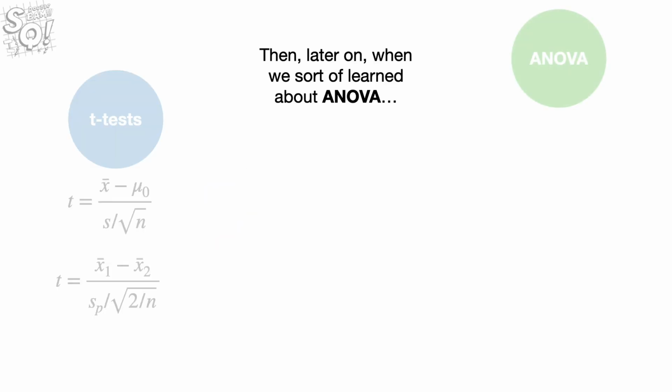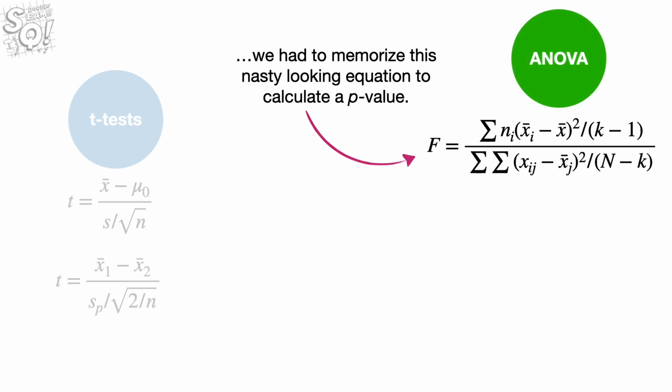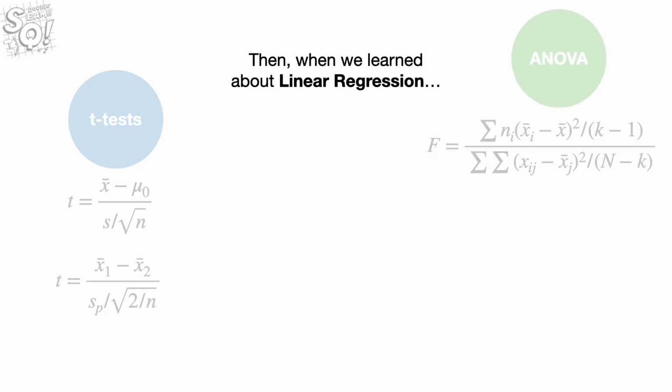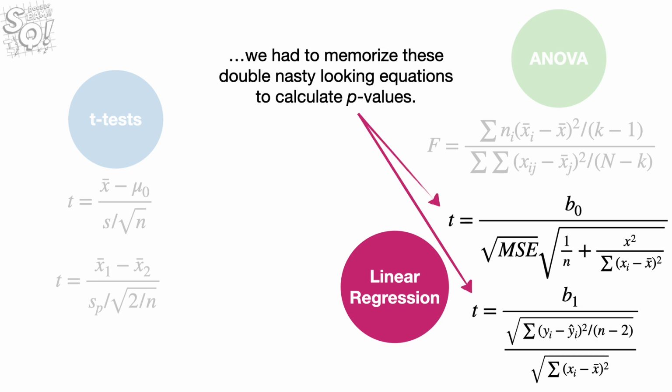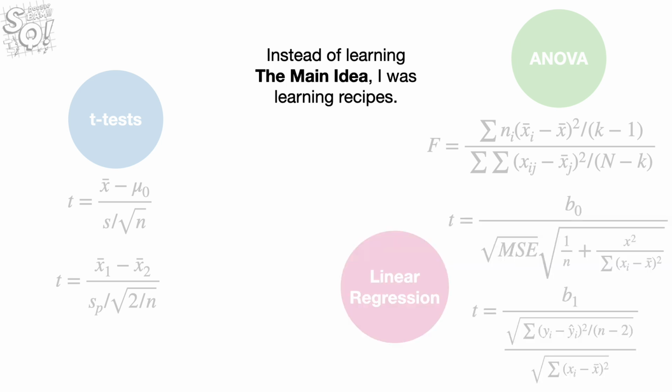Then, later on, when we learned about ANOVA, we had to memorize this nasty-looking equation to calculate a p-value. Then, when we learned about linear regression, we had to memorize these double nasty-looking equations to calculate p-values. Ugh! Instead of learning the main idea, I was learning recipes.